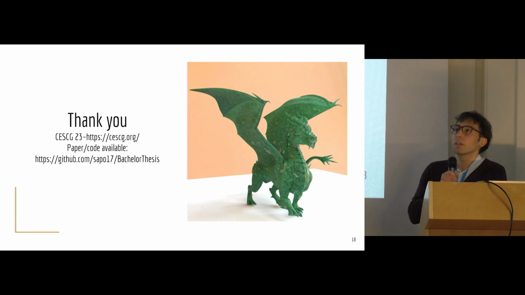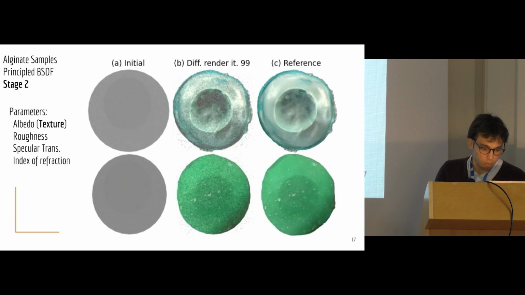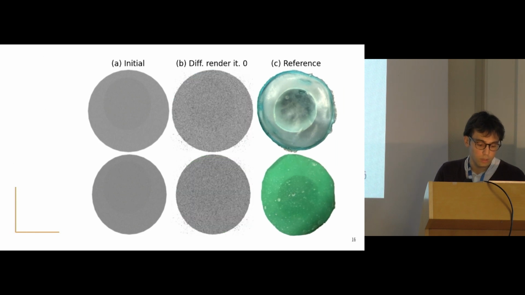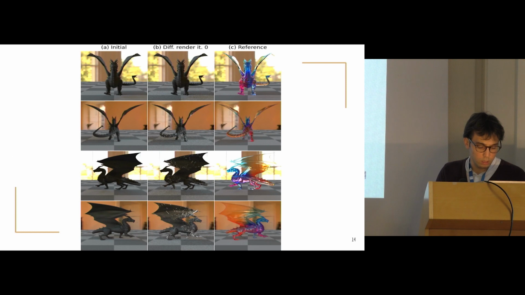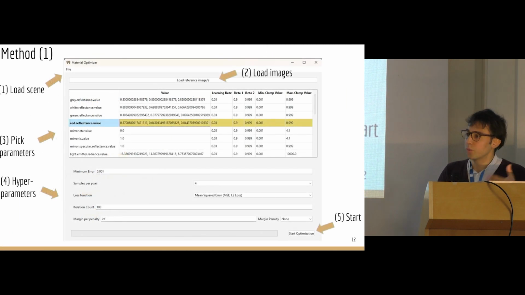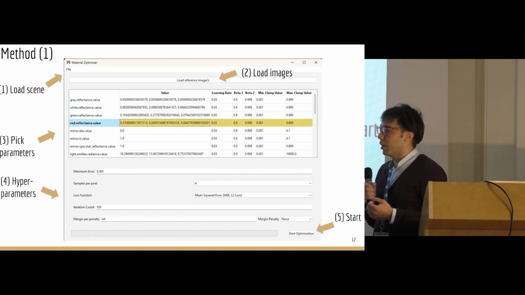I kind of had luck with the parameters that I tried, but in some cases it was difficult, and that's why in my tool I provide an interface so that if the optimization process doesn't converge, the user can restart the optimization with different parameter values, so the optimization can work better. I hope that answers your question.